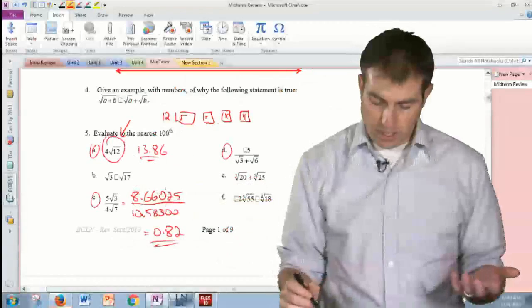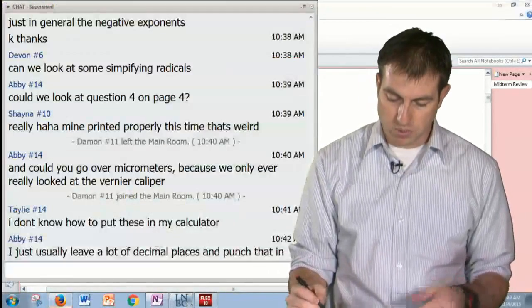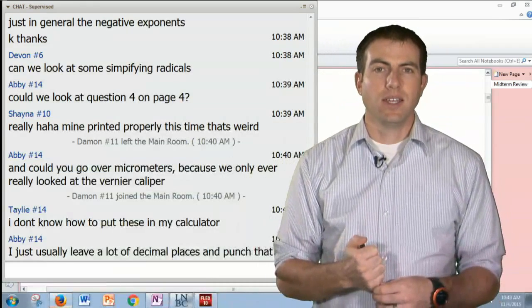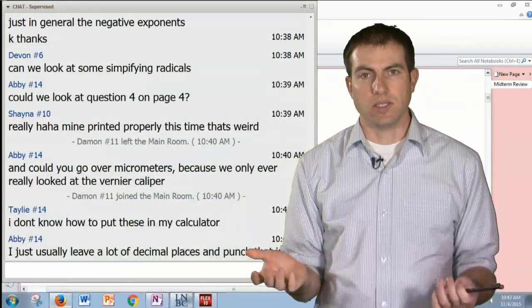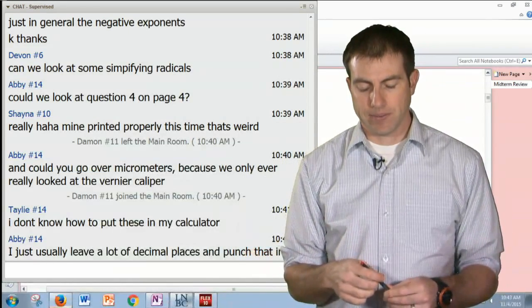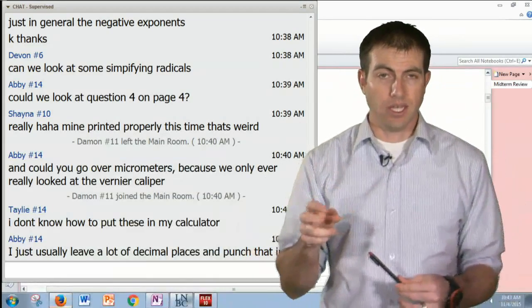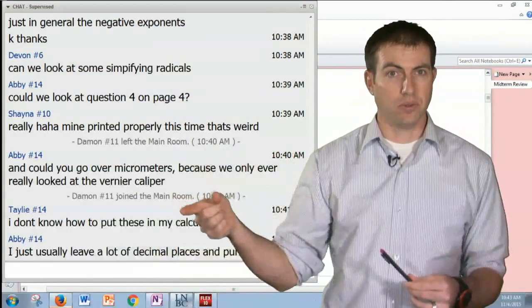And Abby's saying, yeah, I usually just type in a bunch of decimal places and then punch it in, and that works, but then you don't want to be writing down all these decimal places. As a general rule, if it asks for an answer to the 10th, if you carried an additional 2, that would be good.